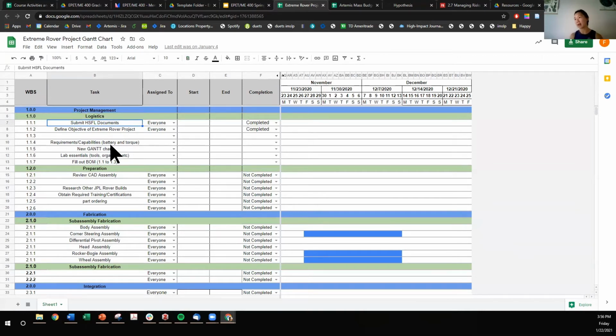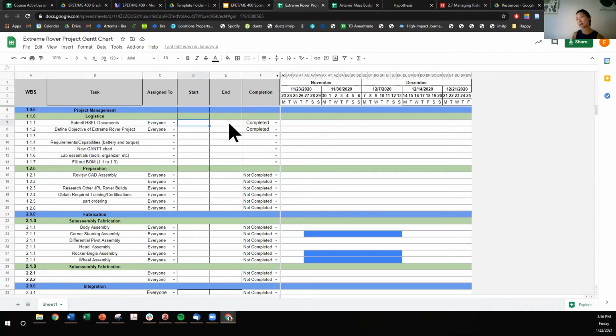Then you can split these major milestones into tasks and then associate how much time each task will take. And that should give you an idea of how long that program phase is.